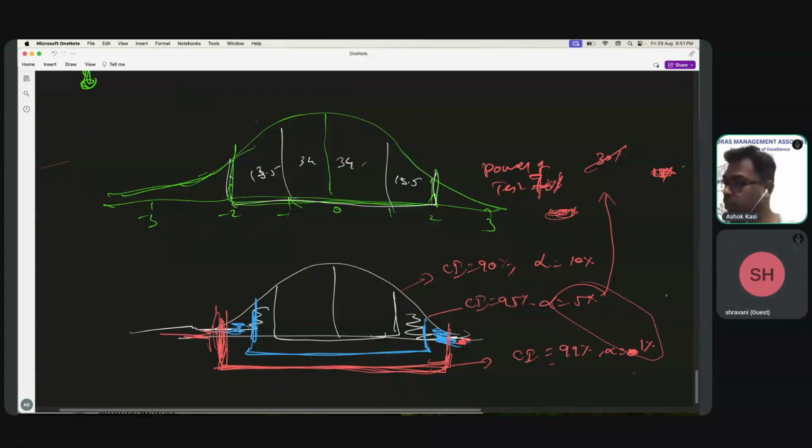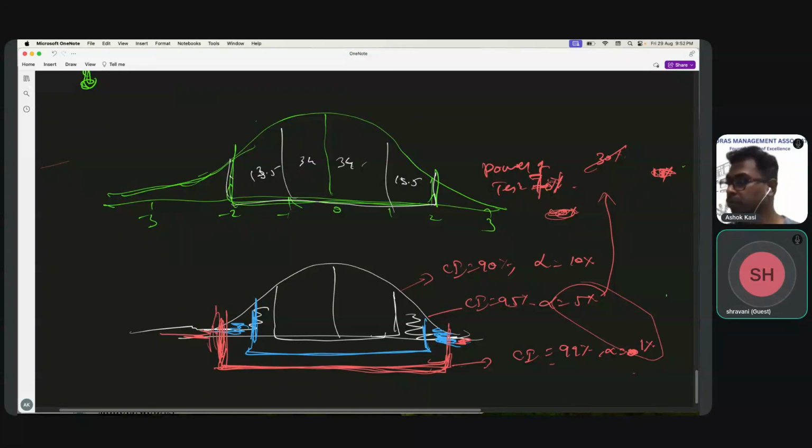Now in the second one, when it is only 1%, I'm taking everybody in the company. So when I'm taking everybody in the company, that means I'm taking a wrong person also. So accepting when they are false, that means type 2 error is going up.